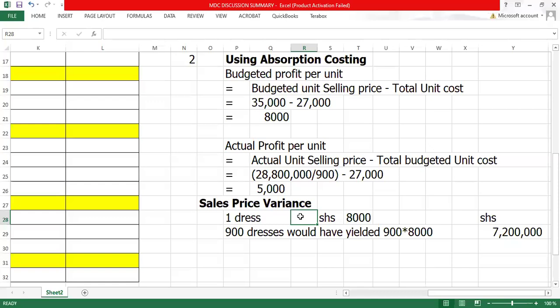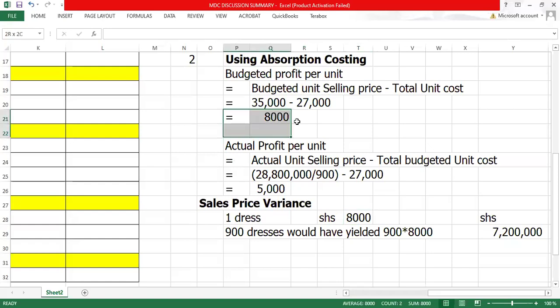Now, for you to understand, start from what was your budget. As a company, I had budgeted that if I sell one dress, I am going to earn the profit of what?